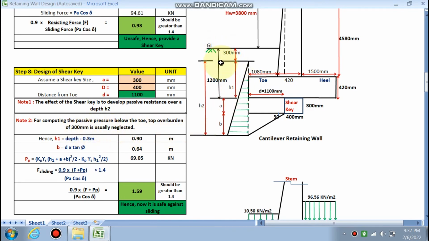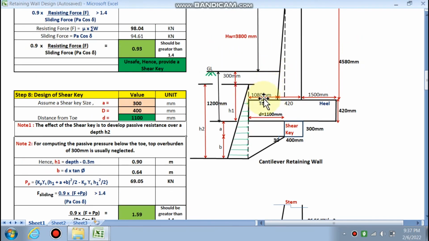So this is the ground level, and this is the soil portion in front of the stem, above the toe portion. It should be noticed that the 300 mm of soil above the toe portion is neglected to calculate the passive pressure, right? These two notes are there. So we have to calculate h1. How will h1 be calculated?